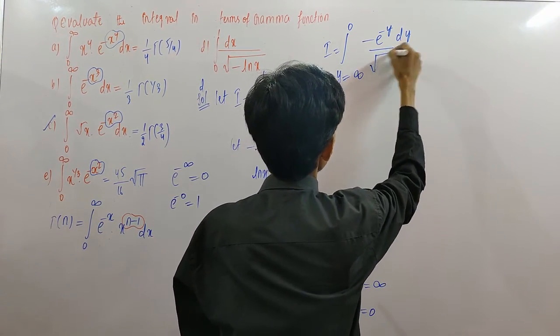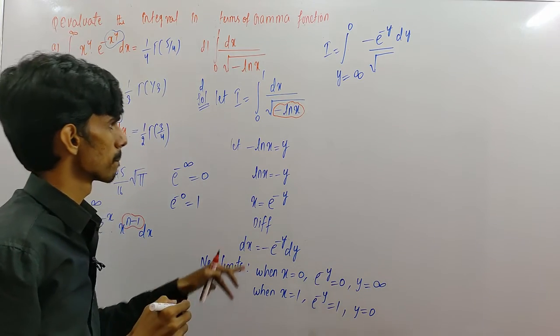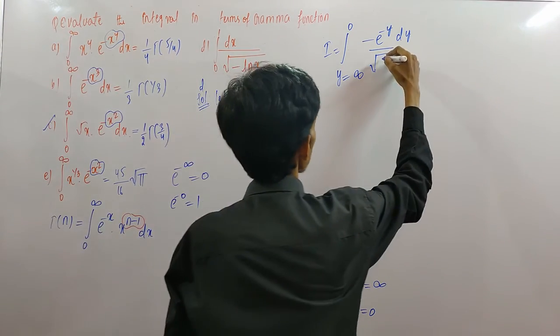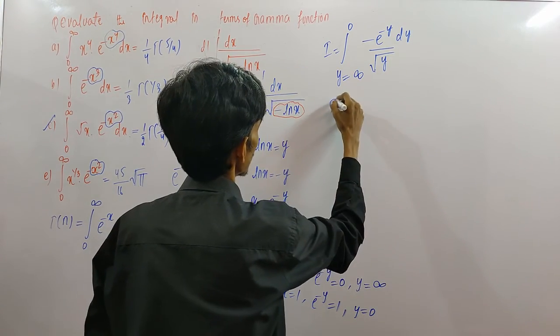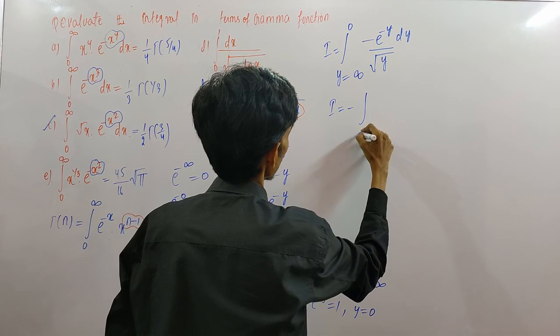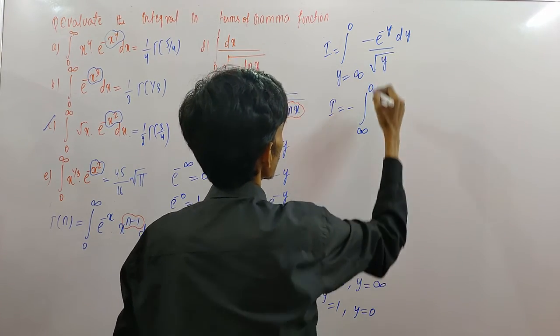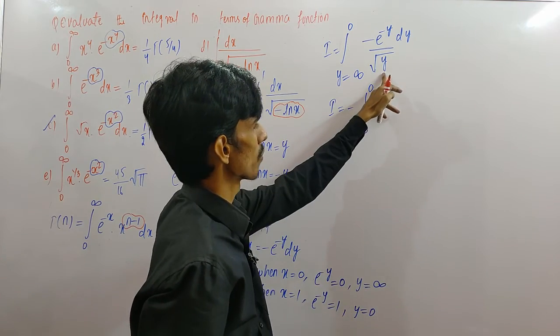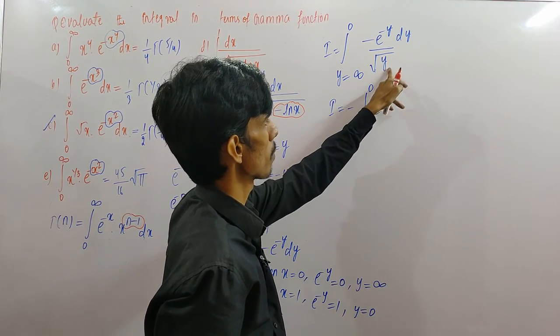upon root minus ln x. Minus ln x is y. So this integral I equals, take minus outside, minus infinite to 0, e power of minus y. Root y is y power of 1 by 2.